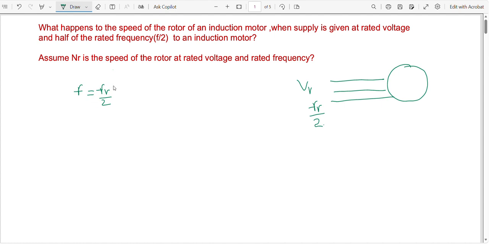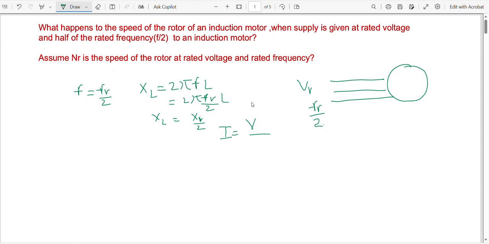to half of the rated frequency, the XL, that is the leakage impedance, is equal to 2 pi FL. Now the leakage impedance will become half of the rated leakage impedance, and we know that the current I is equal to voltage by impedance.